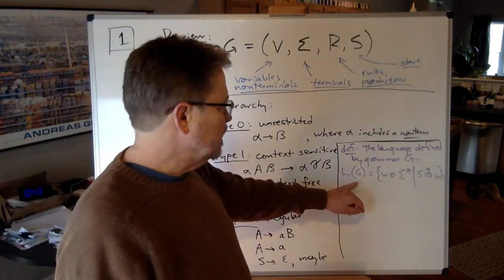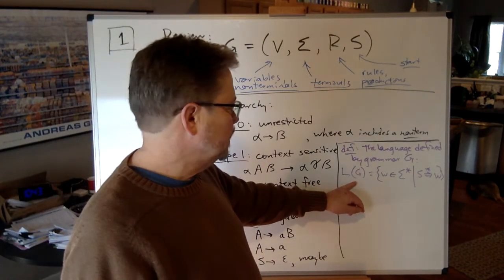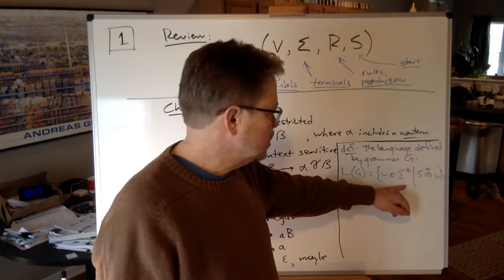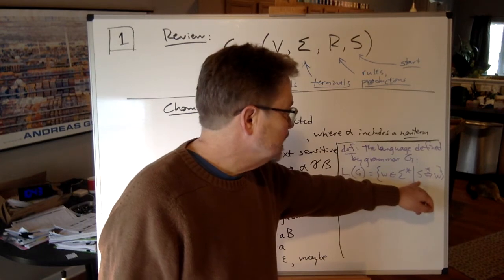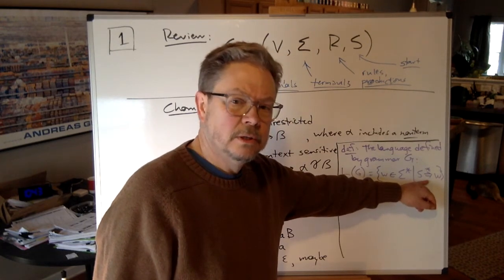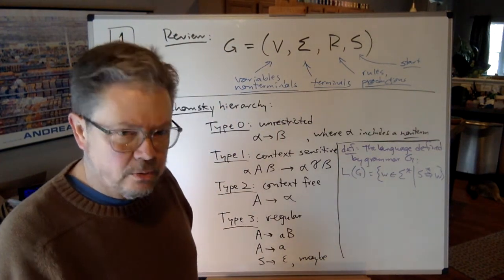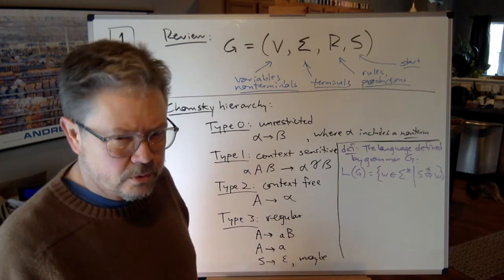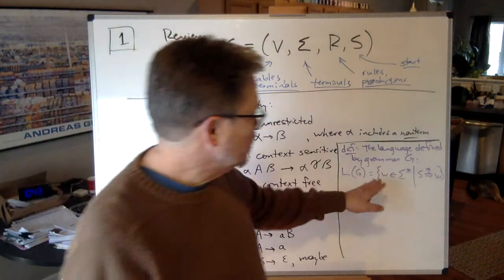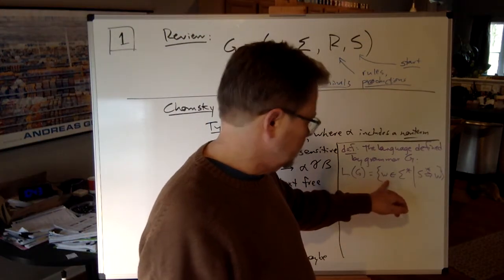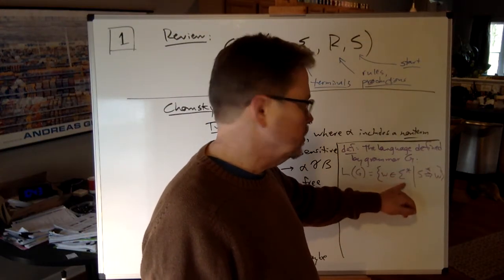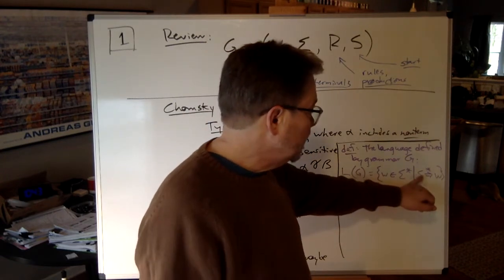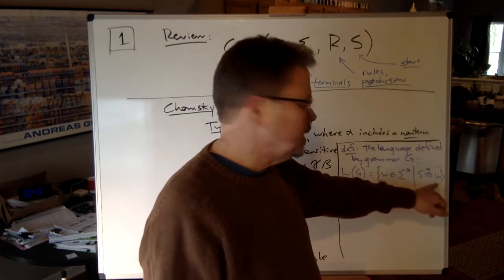L of G, the language defined by G, is the set of all strings w out of capital sigma star, where S, and the double arrow means we're using it to actually generate the string. We're using it in a derivation. It's not defining production rules if we use the double arrow. So it's the set of all strings w in capital sigma star, zero or more symbols out of our set of terminal symbols, where S can eventually get to w.